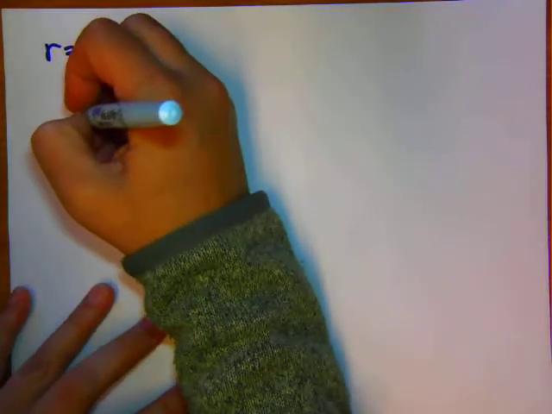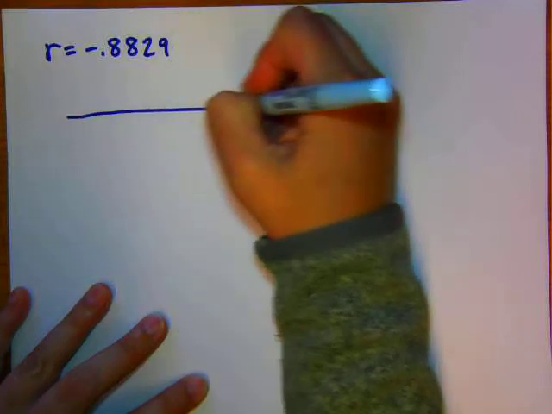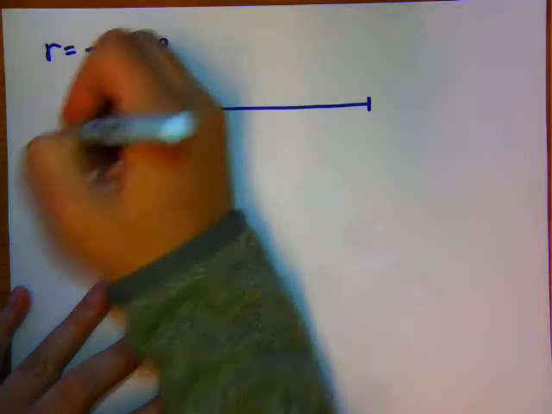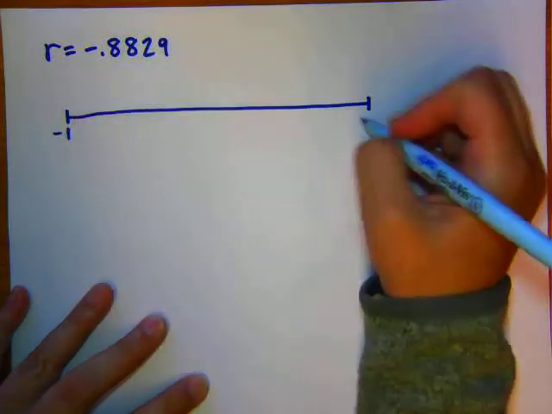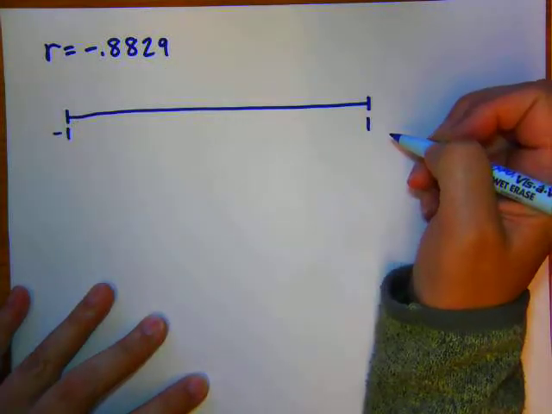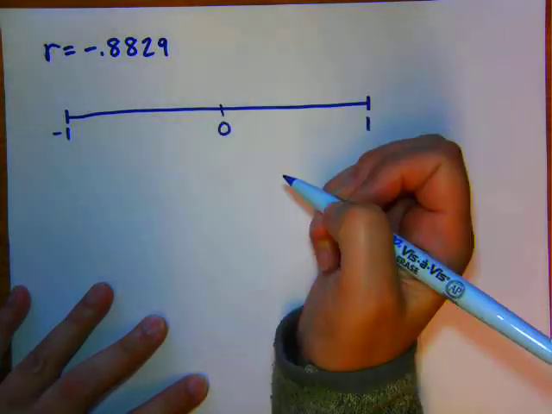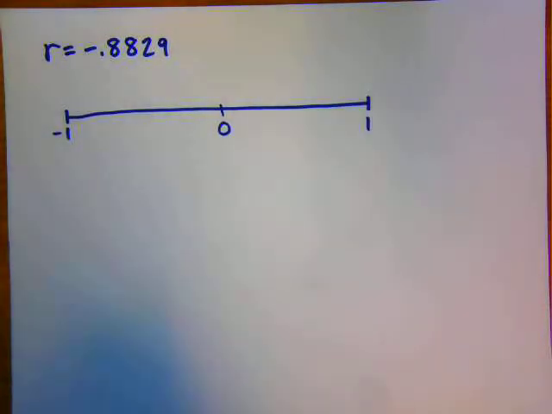If I'm just testing it against the critical value for correlation, and this is pretty easy if you have the program I installed on your calculator, what we're going to do is have a number line between -1 and 1. There's no curve associated with it. It's just a number line with 0 here in the middle. And what it does is it actually gives you an area in the left and right.